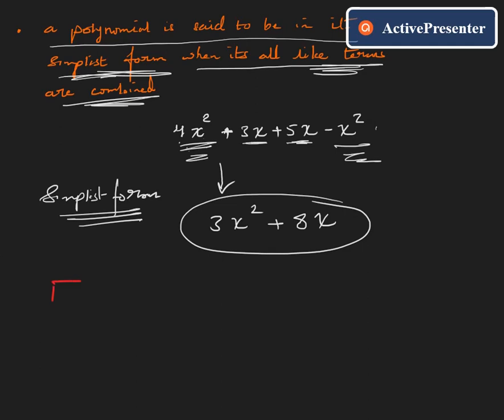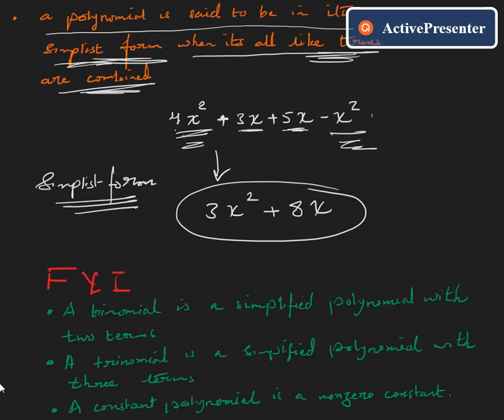Please note for your information that a binomial is a simplified polynomial with two terms. For example, 3x squared minus x. This is a binomial because it is a simplified polynomial with two terms.